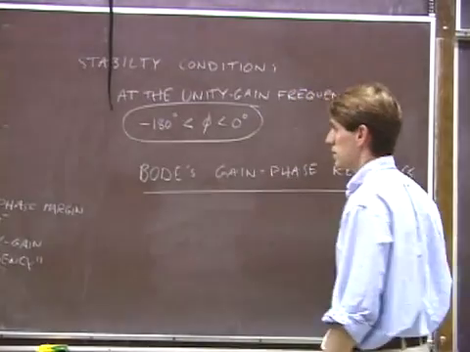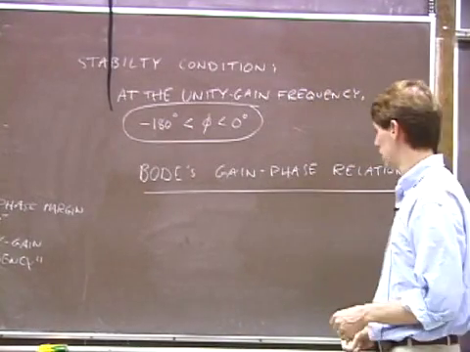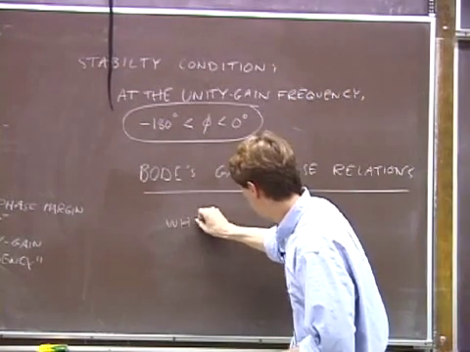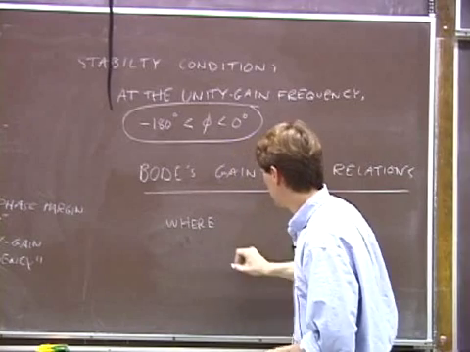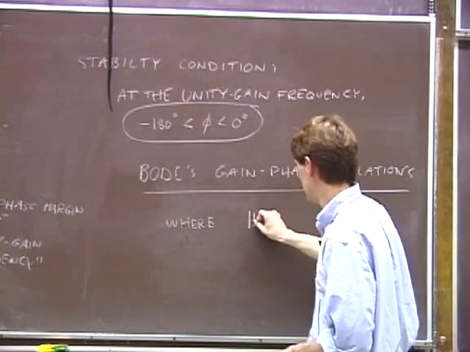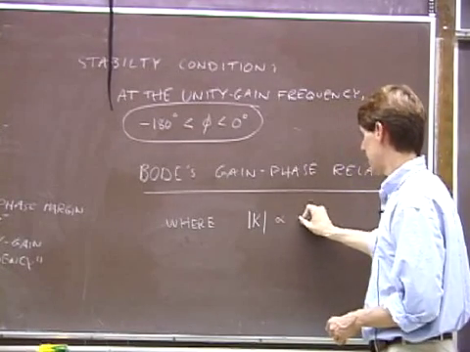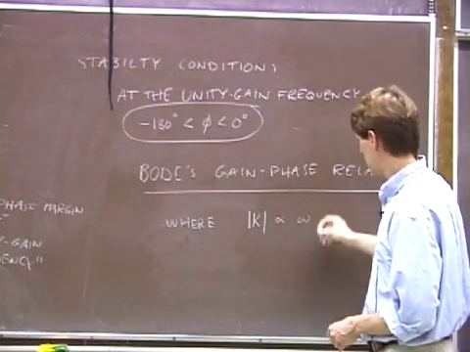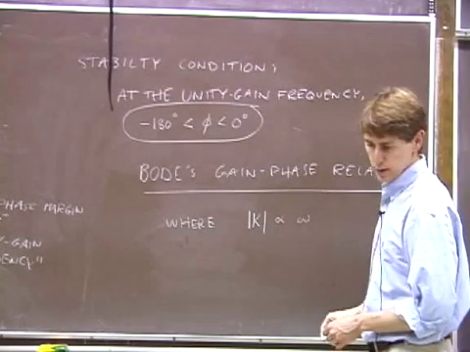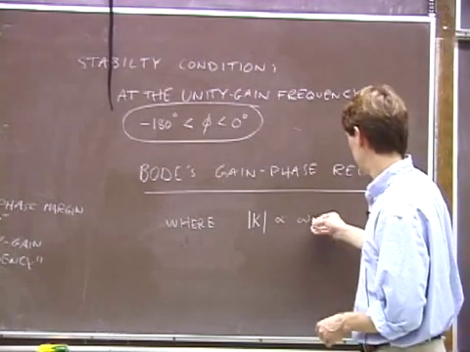And what that says is that in any region where the magnitude of k scales as omega to the, what did I use for a symbol? Something.